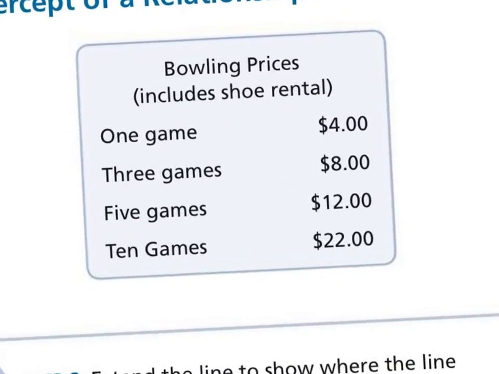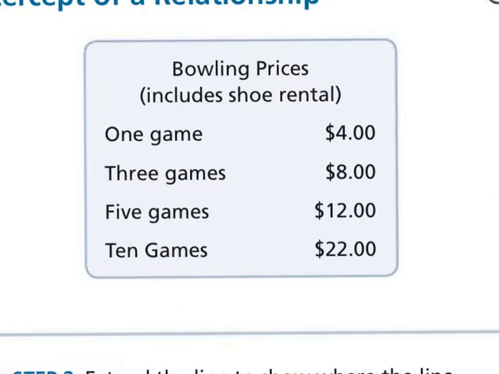So, if we look at the information they've given us here, usually this is not how it would work actually. Usually at the bowling alley, they would have separate prices for your shoes and for your games. But anyway, that's not what they've done here, just to make things interesting for us.